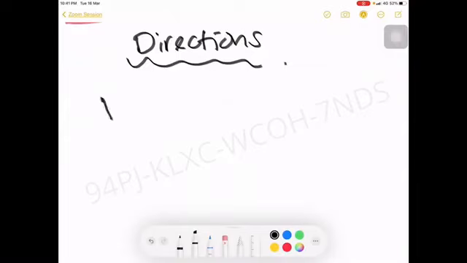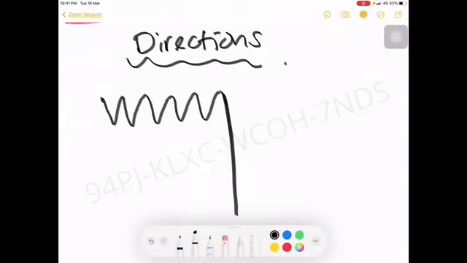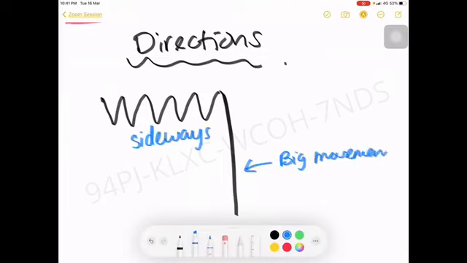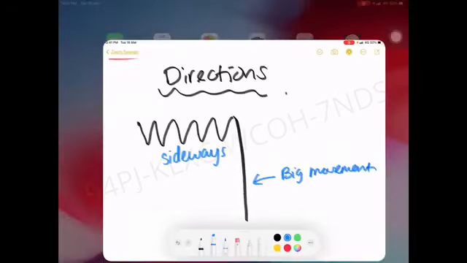So how I find my direction? I will find a sideways and I will find a big movement. So this is sideways. And this one is big movement. Take a look at this one.